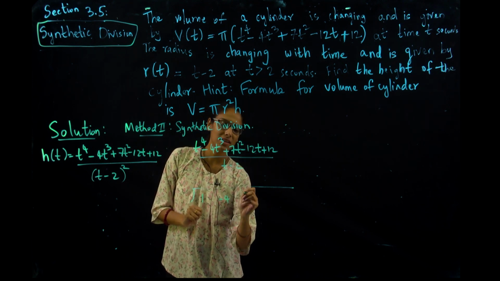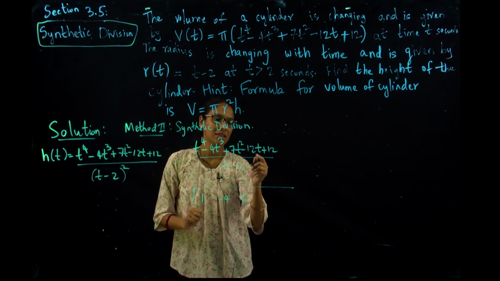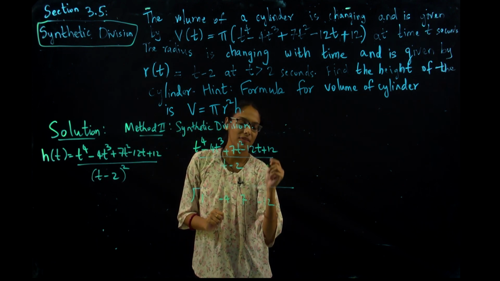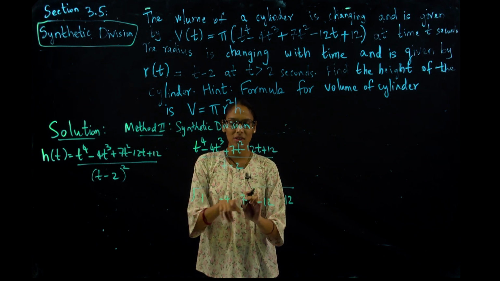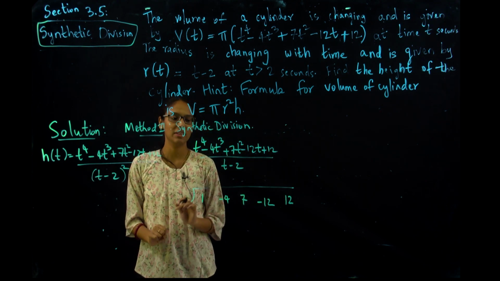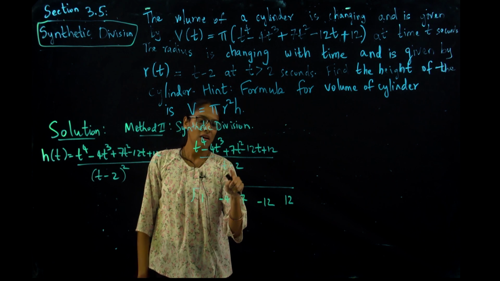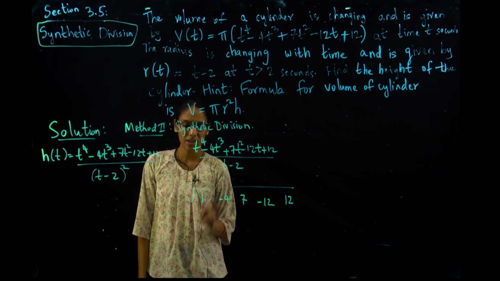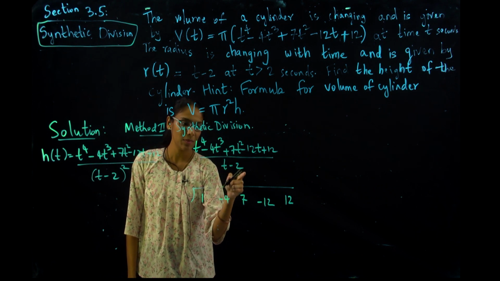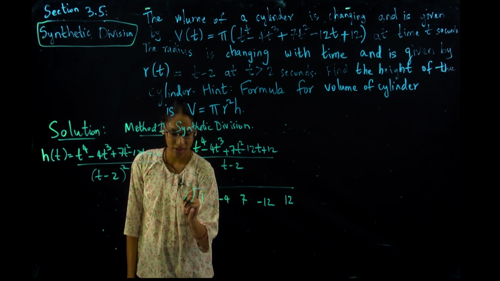For t squared, you have plus 7. For t, it's negative 12. And then lastly, the constant positive 12. No power is missing, so you don't have to put in 0 anywhere. Next, whatever is the linear term here, take this number with opposite sign. So this is t minus 2, so here we will write plus 2.